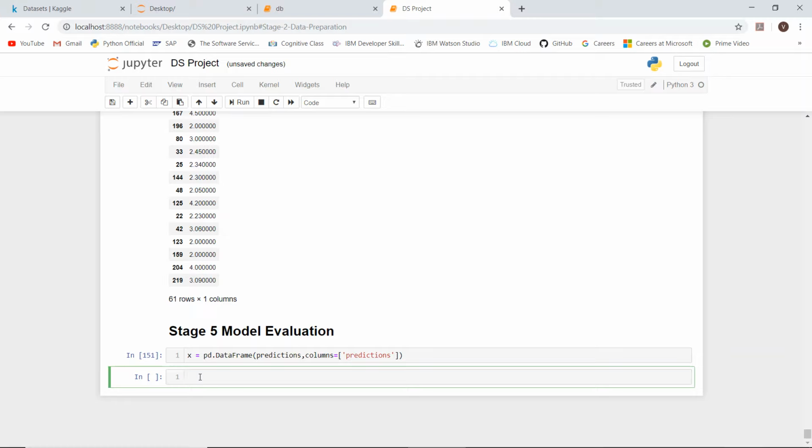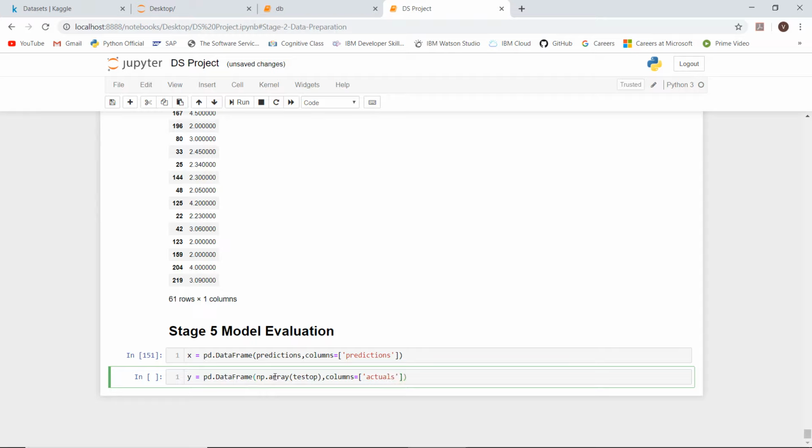Let us likewise do it for actual. The actual we have in the test output variable. It is already a data frame, so we have to convert it into an np array, with columns equal to actual value.